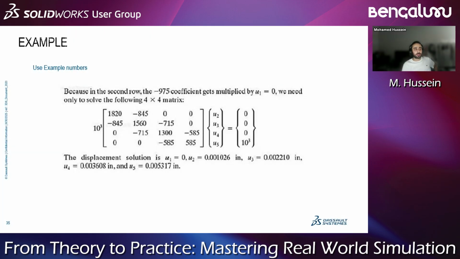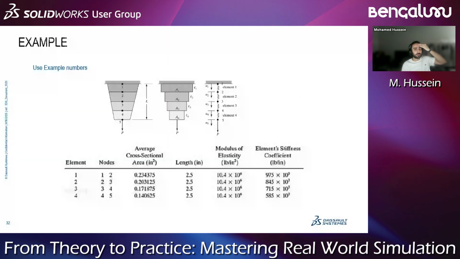So I think you said that only 9, but you have confused maybe between the number of elements and the number of nodes. However, the number of nodes equals the elements plus 1. Like what I have done here, for example, that I have 4 elements, I have 5 nodes.